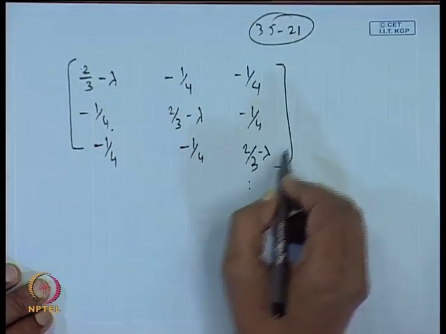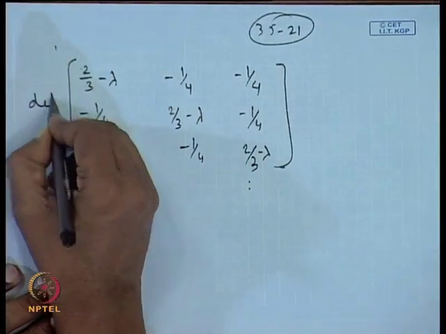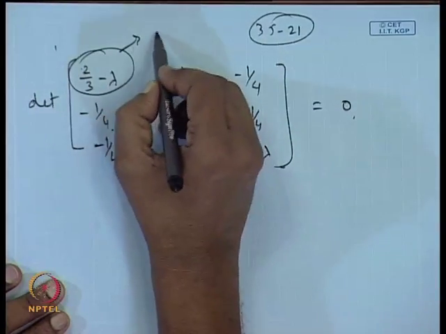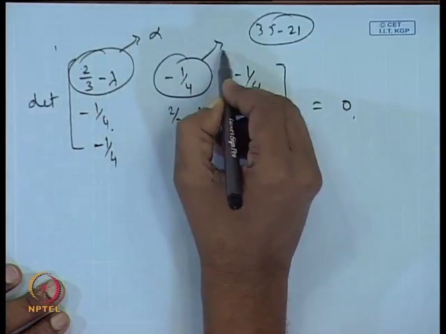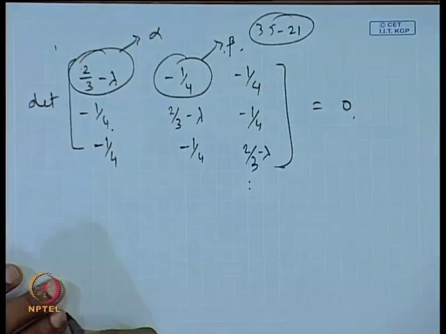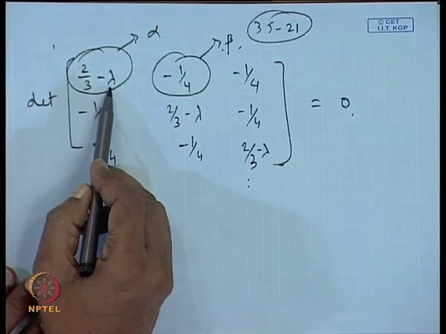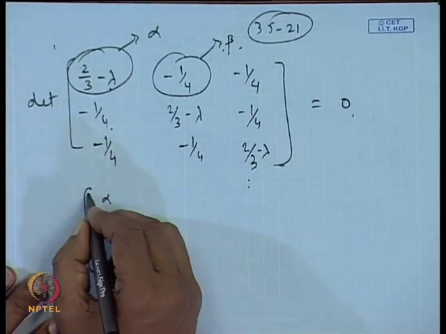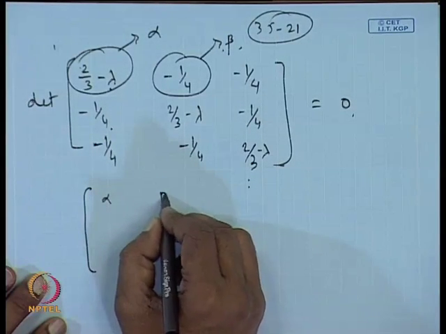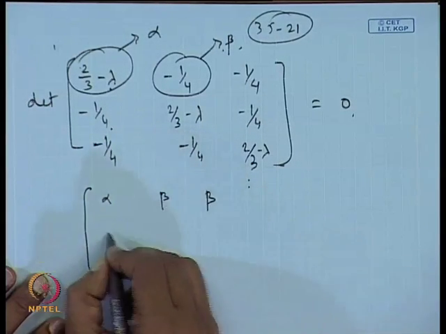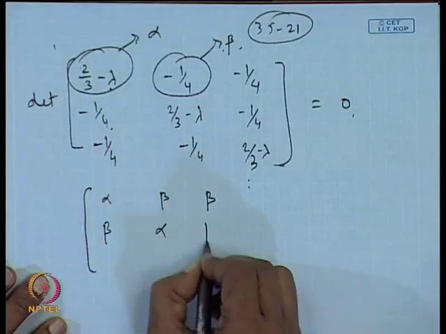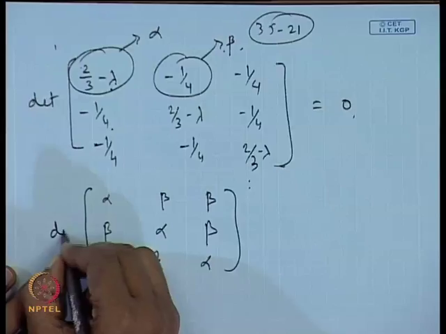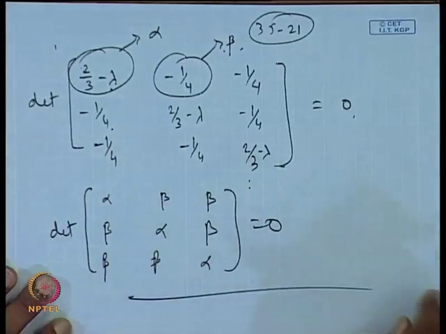In this format, we have to take the determinant of this matrix and set it to 0. So, this quantity we can put as alpha and the off-diagonal quantities we can write as beta. So, lambda is already embedded in this. So, we have the matrix alpha beta beta, beta alpha beta, beta beta alpha, set it to 0, and solve it.